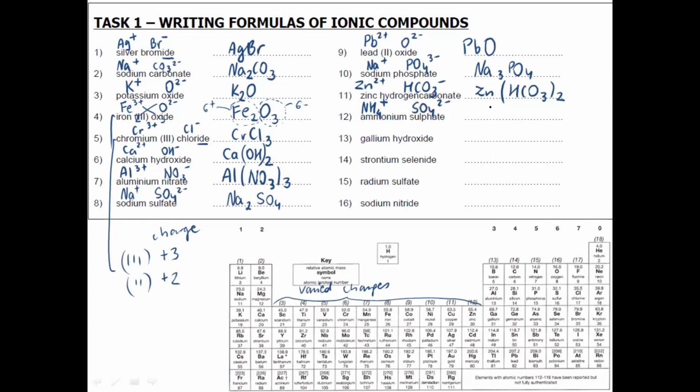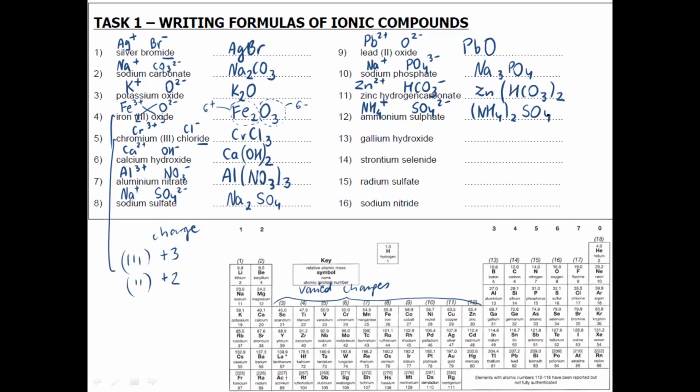So the SO4 is a 2 minus, NH4 is a 1 plus, so I will need to double the NH4. So I put it in the bracket so that I can double the whole thing, and then SO4.